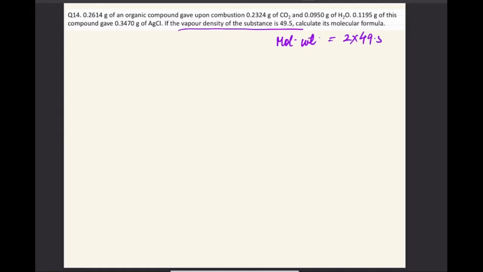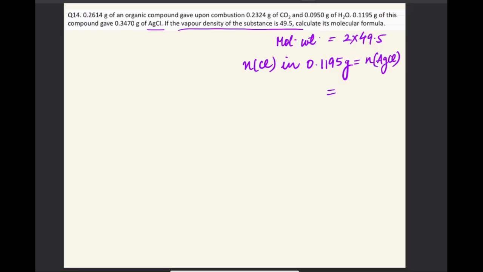2 into 49.5. Now we know that 1 mole of silver chloride contains 1 mole of chlorine. So, moles of chlorine will be equal to moles of silver chloride. So, we can write moles of chlorine in 0.1195 gram of the substance is equal to moles of AgCl.